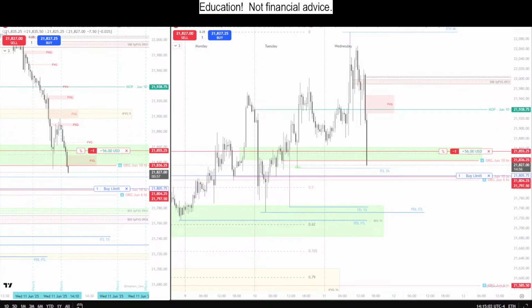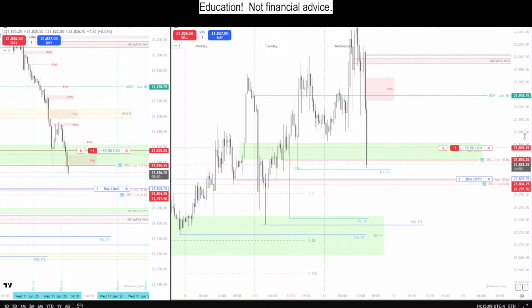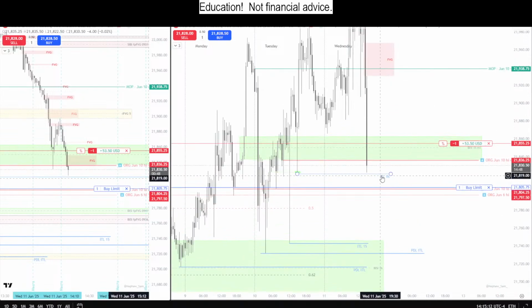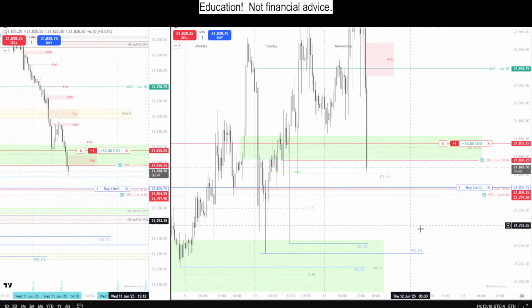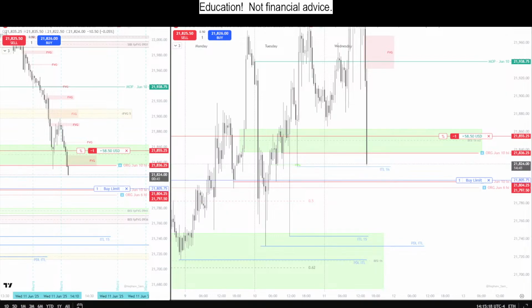50 points is a nice move, and based on the action we have here, it looks quite likely we're going to get that. And it could be we keep running all the way down here for a big move, or it could be that we stop short, let's say by this intermediate term high, intermediate term low, and retrace back upwards, in which case I'll take some profit. That reminds me, let's put something on. Or we go even lower.